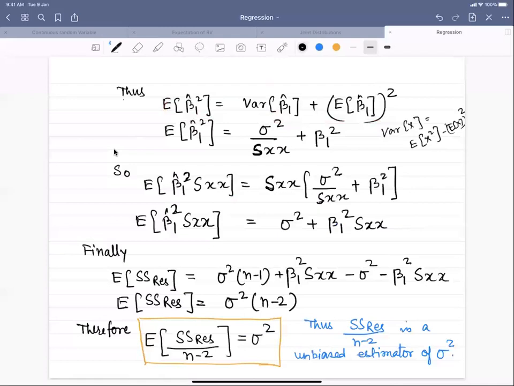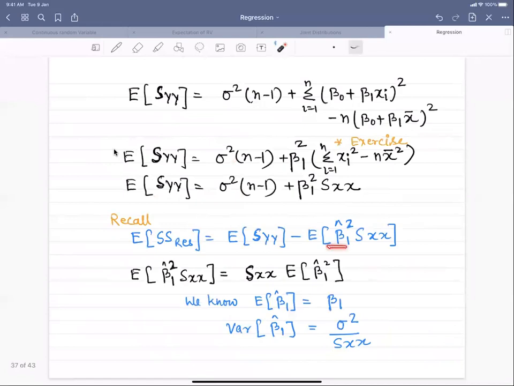And then we know already the variance of beta 1 we have just seen is sigma square divided by Sxx, right? This we have just now seen. Actually we proved it in the last module. And the expectation of beta 1 cap we know is beta 1, so its square will be beta 1 square. So we need this expectation of beta 1 cap square times Sxx. We can write this because we needed this.